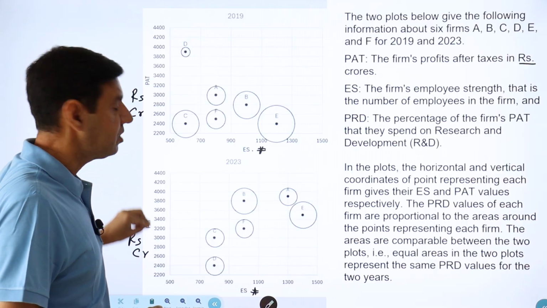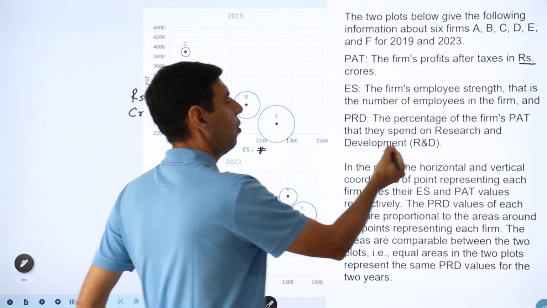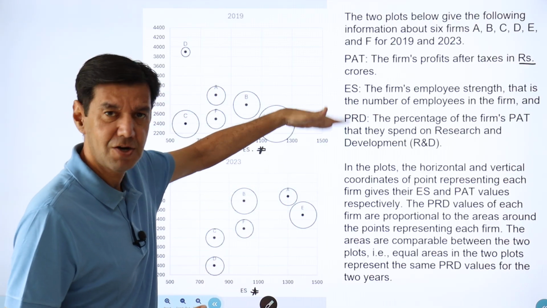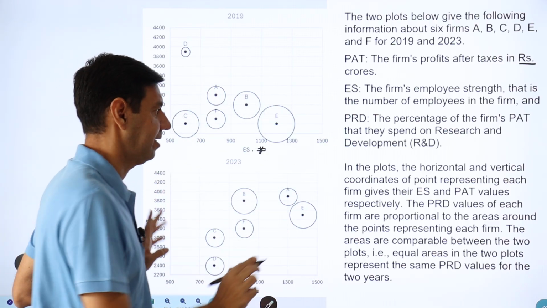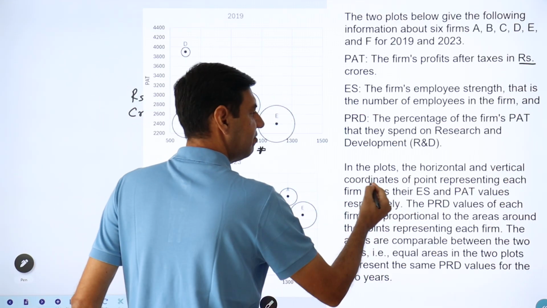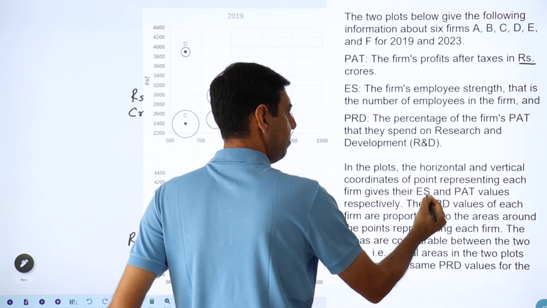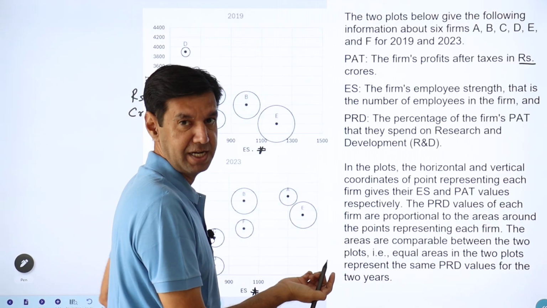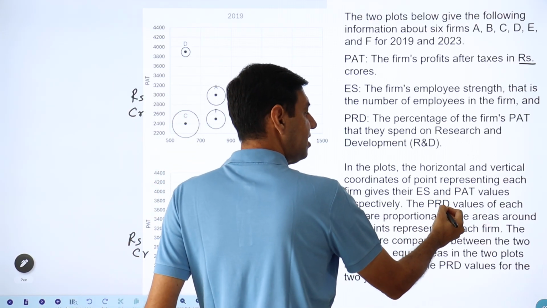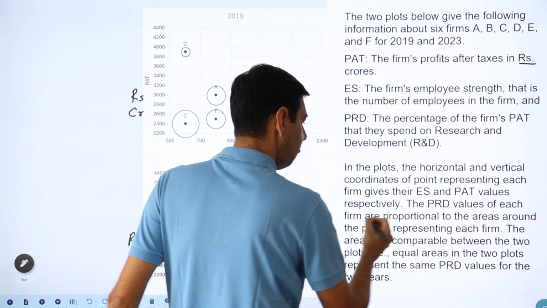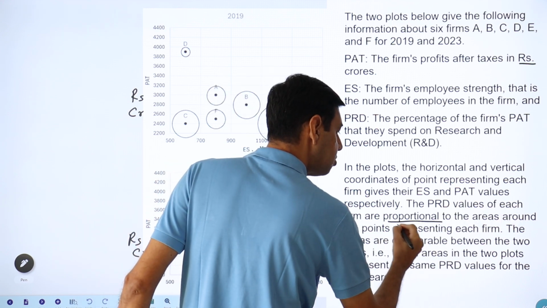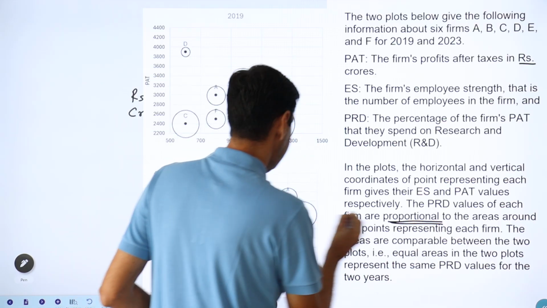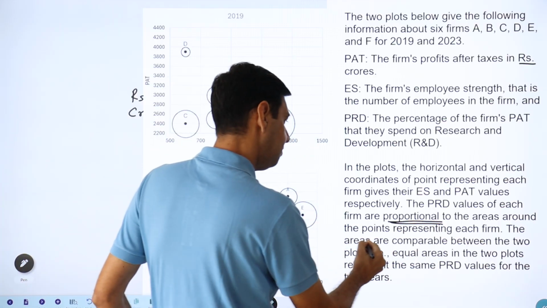What percentage of this value is spent on R&D is given by the circles. It's still not written, but here you would find it. The horizontal and the vertical represents the employee strength and the PAT values, which we had figured out anyways. The percentage spent on research development of each firm is proportional to the area around the point representing the firm.